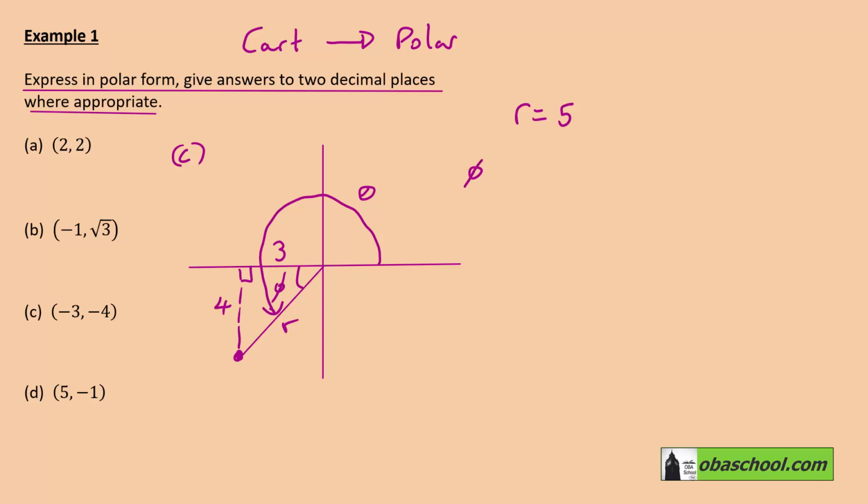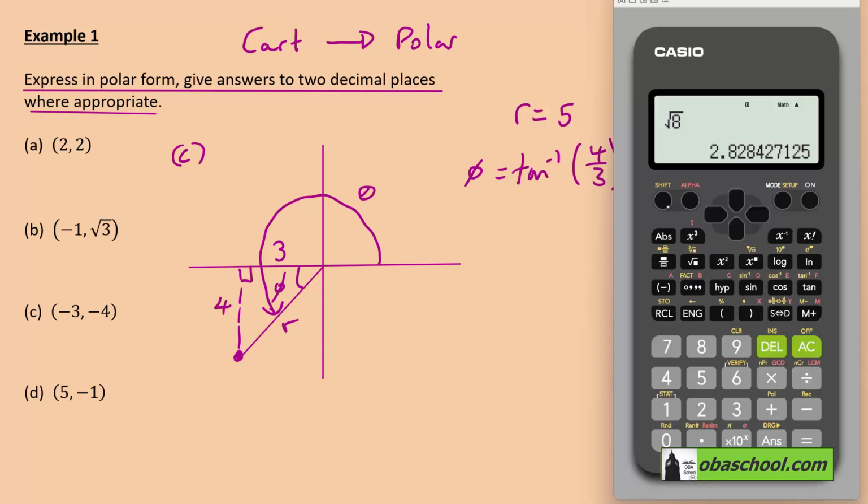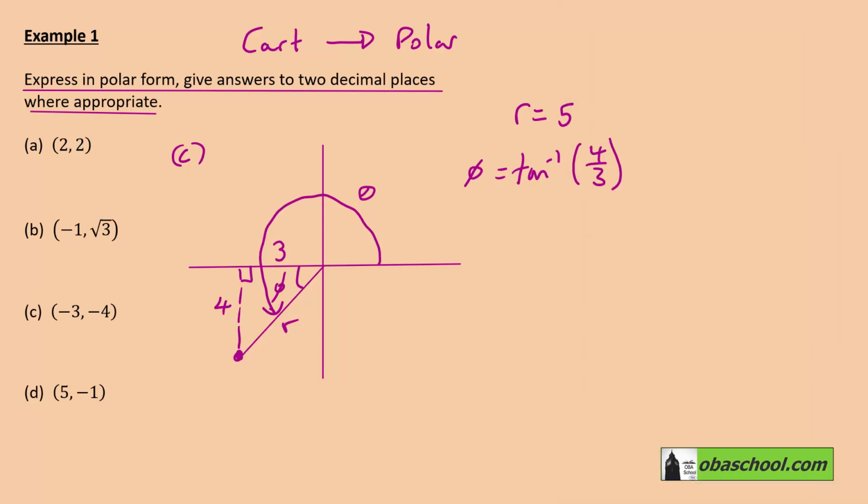So phi is going to be the inverse tangent of the opposite over the adjacent, which is 4/3. So we're going to do the inverse tangent of 4/3. And that gives us 53.13 degrees.